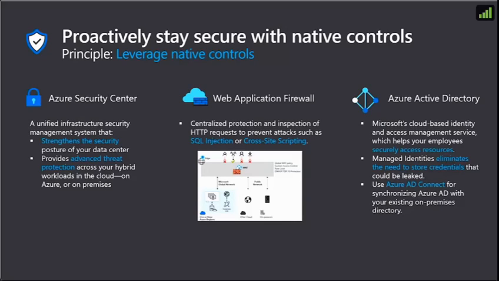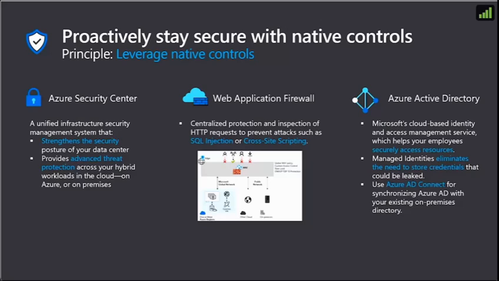Azure Active Directory provides us with managed identities, which eliminates the need to store credentials that could be leaked. And you can also use Azure AD Connect to synchronize and connect your Azure Active Directory tenants to your on-premises Active Directory directory structures that live on premises.